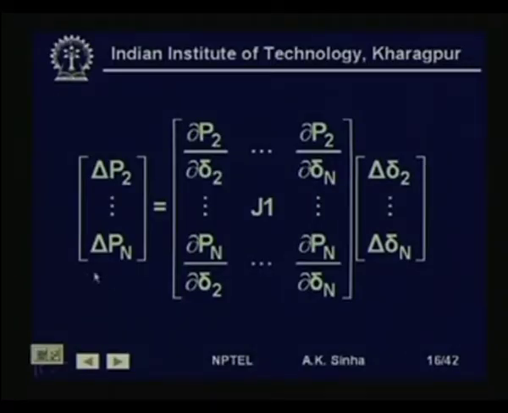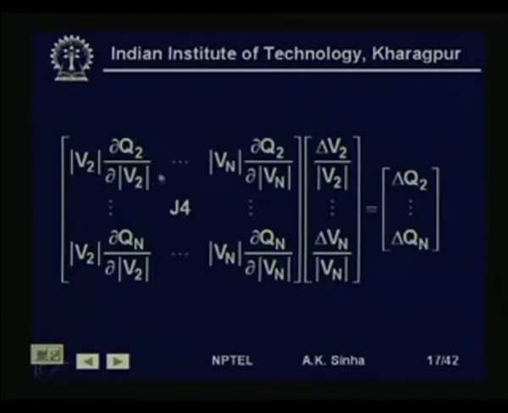So, now we have the relationship for the decoupled equations as delta P from bus 2 to bus n is equal to this submatrix J1 into delta delta 2 to delta delta n.